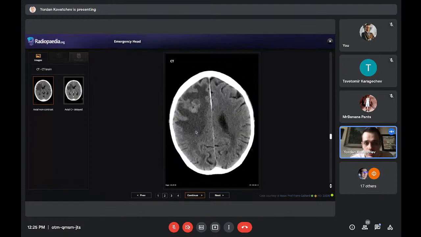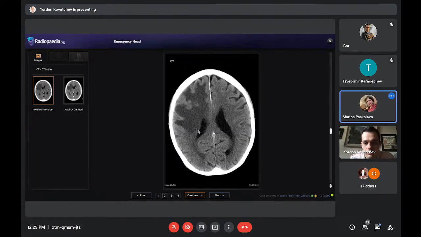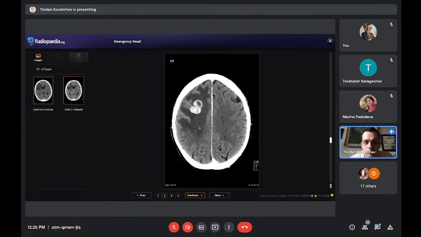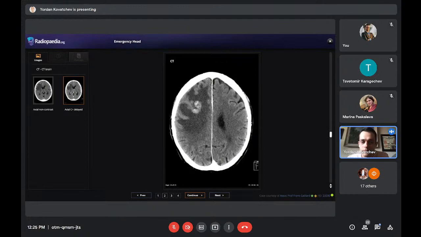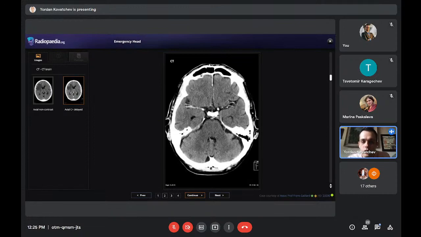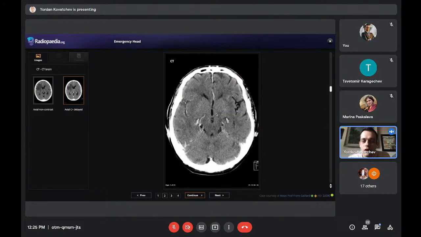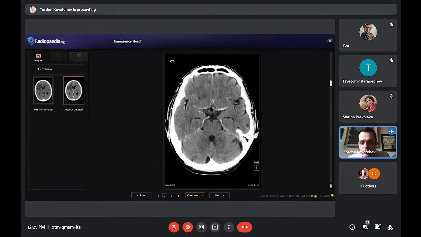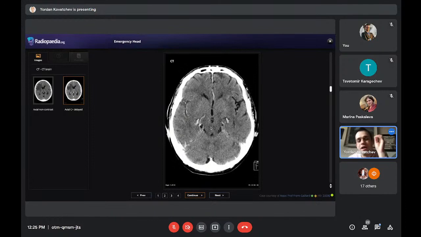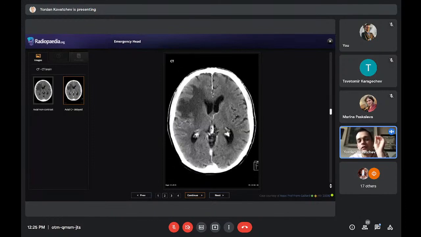CT with contrast. Yes, great. More specifically, this is the contrast CT, a delayed phase, or what we call the parenchymal phase, because we don't look so much at the vessels now. We can see them, they're contrasted, but this is not the main purpose of the exam, because as we established, we're thinking this is probably not a vascular problem.